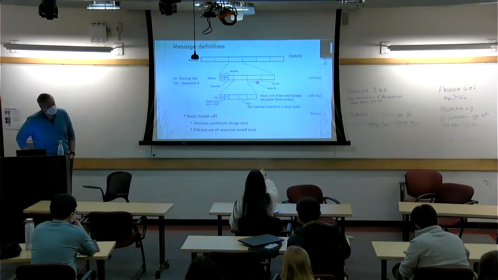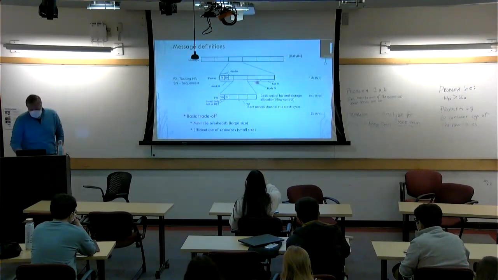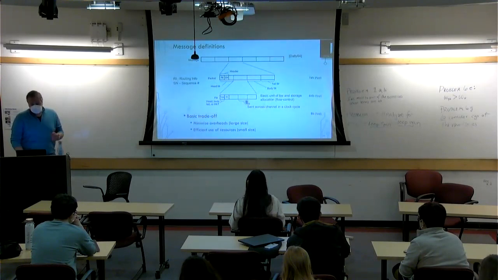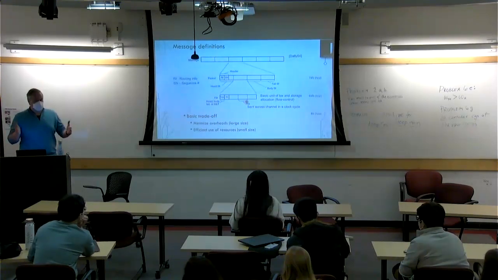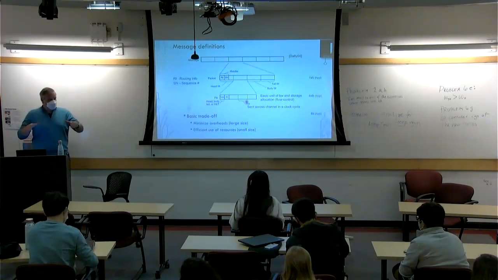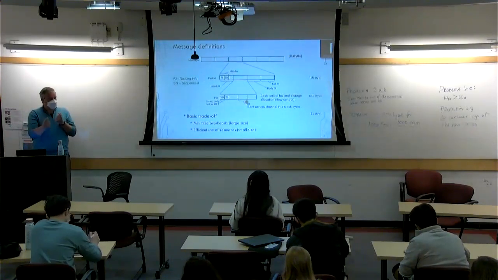It says send across channel in a clock cycle. Yep. Isn't everything sent across channel in a clock cycle? Why only that part? So fit, I mean, think of this as a notional structure, right? As an architect, you can decide, for example, that fits are not needed, and the fit and flit are one and the same thing, depending on how many wires you have physically connecting one router to another, right?